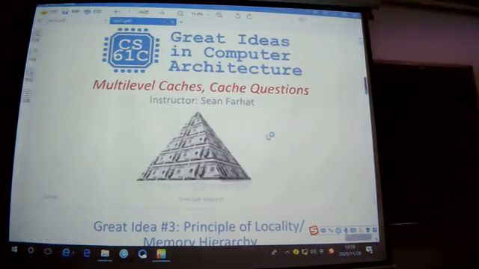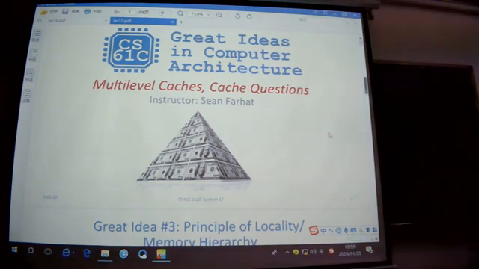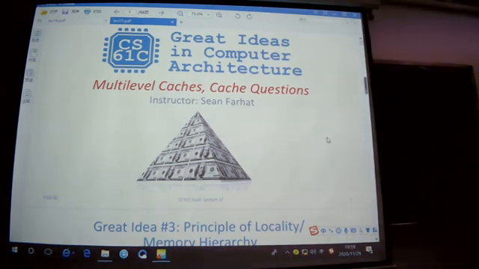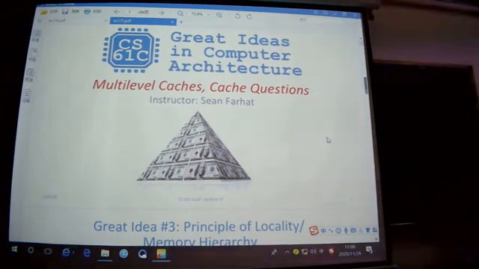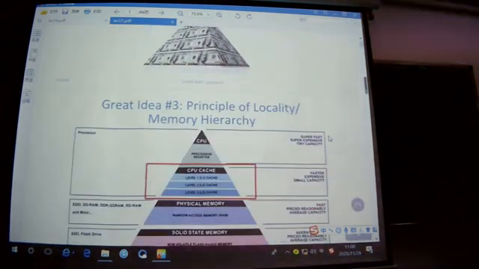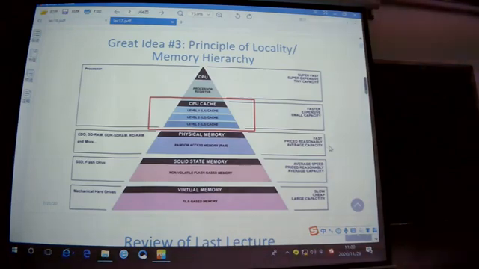Okay, we continue with lecture 17. In lecture 17, we discussed multi-level cache questions. So in lecture 17, we continued to discuss cache. Please pay attention, multi-level is in this section.